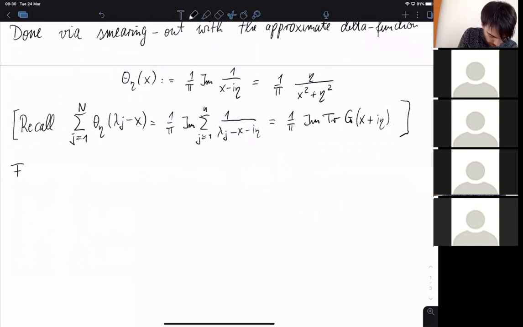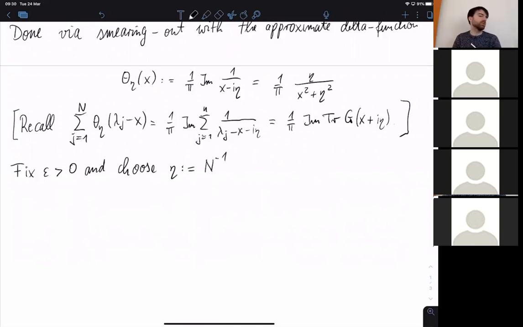So for that we fix an epsilon, and we choose an eta which is, as I said, a bit smaller than the typical eigenvalue spacing. So it's n to the minus 1 minus epsilon.